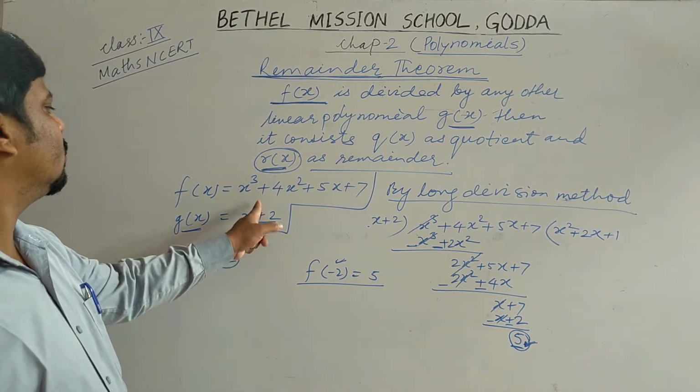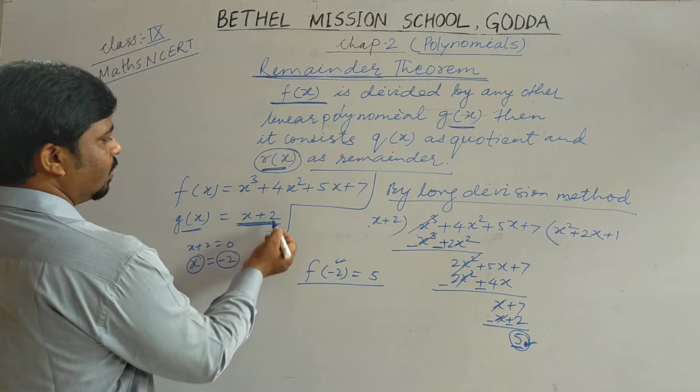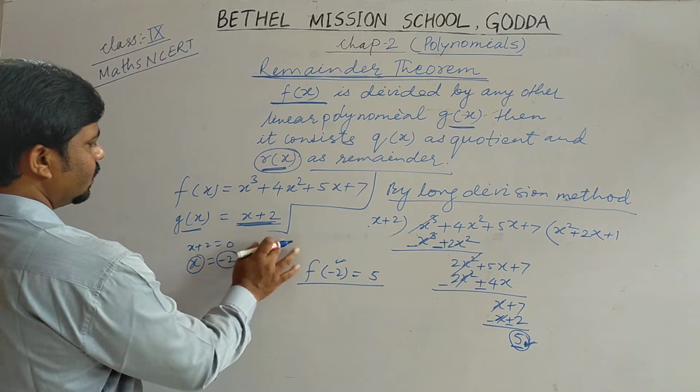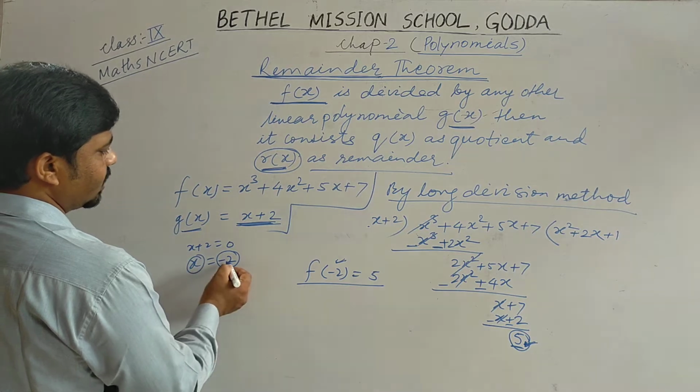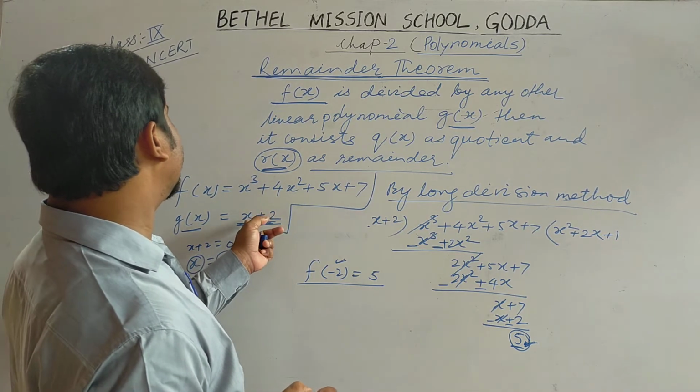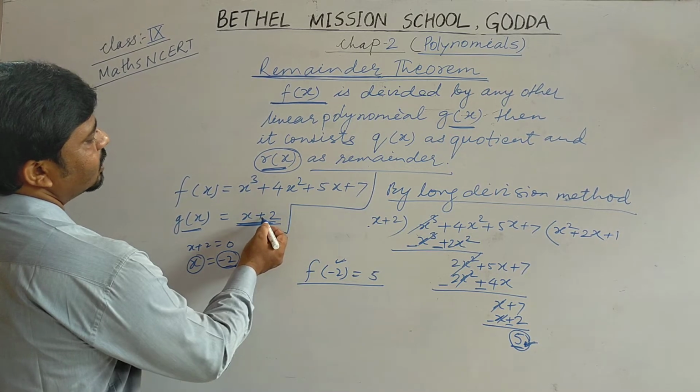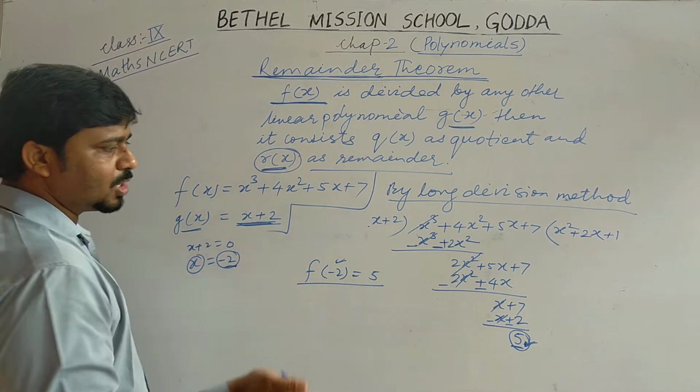So according to the sign, we get the value of x. Here x plus 2 gives x equal to minus 2, and if here there is x minus 2, then we get x equal to plus 2.